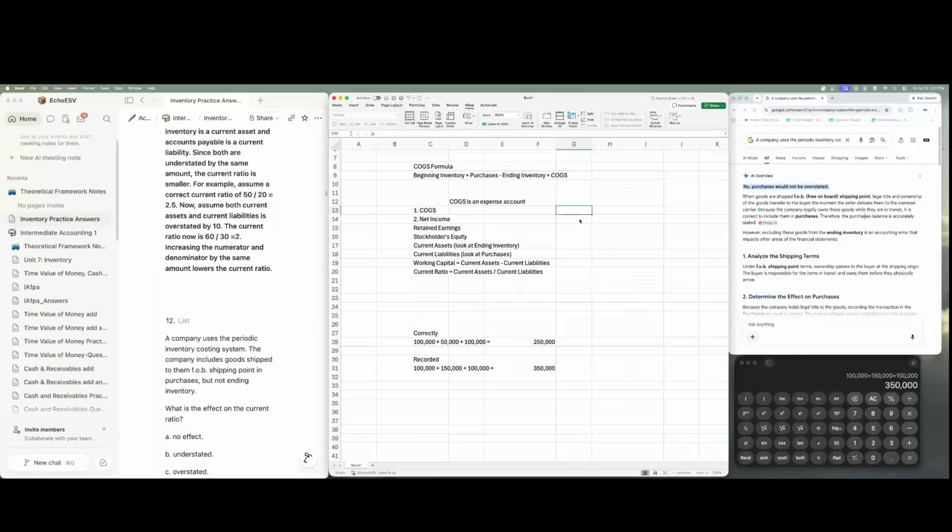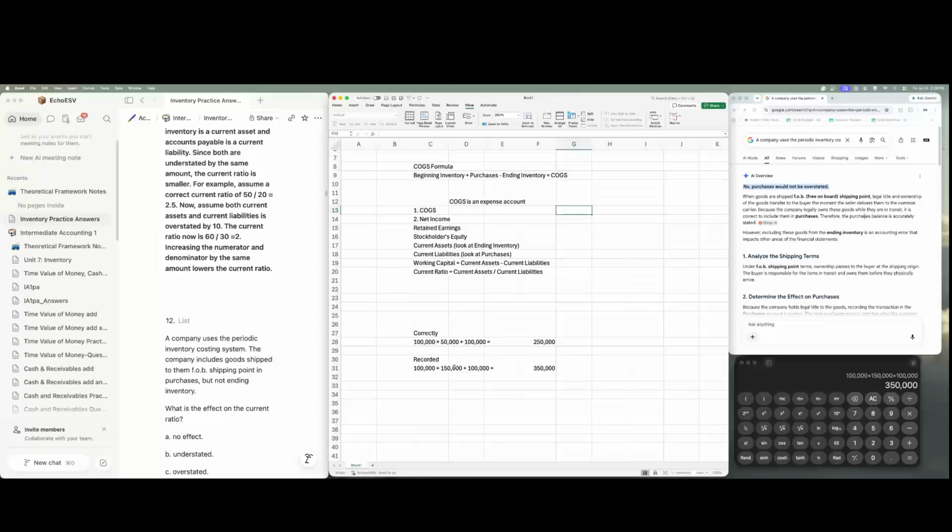What that means is the inventory would be actually correct, but the ending inventory, because there might be inventory in transit, the inventory count would be incorrect, because they're not going to count it in the ending inventory if they're using the FOB method.